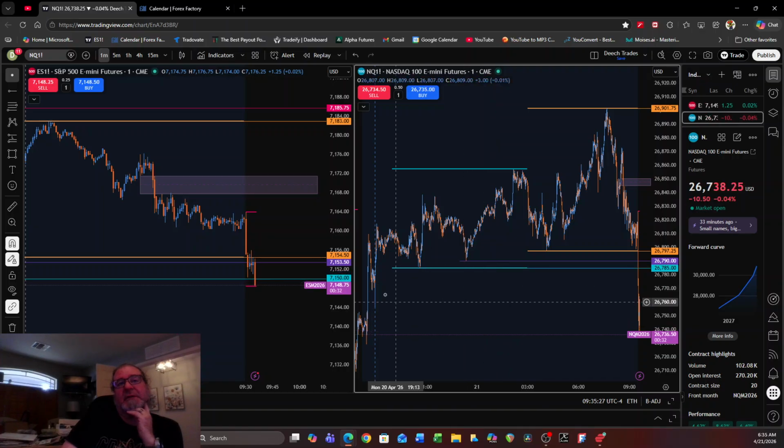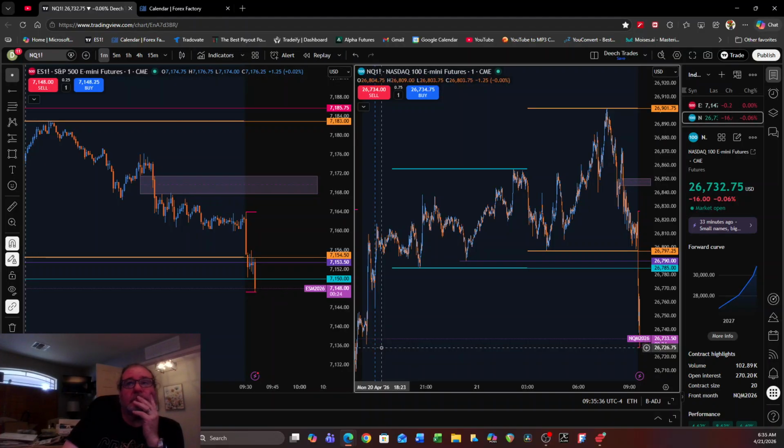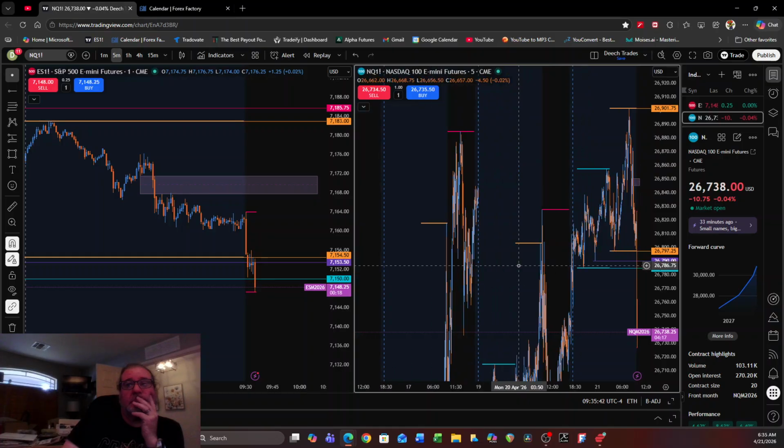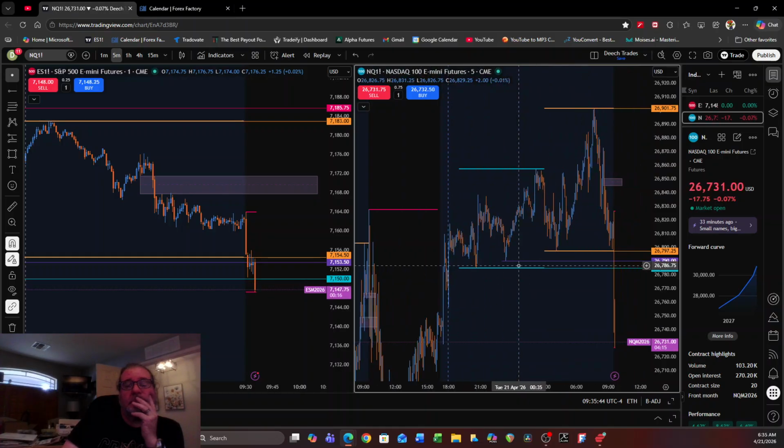Okay, we see that we've taken out these lows here. We're now looking at taking out these lows. So that low has been hit now. Next target would be down here.